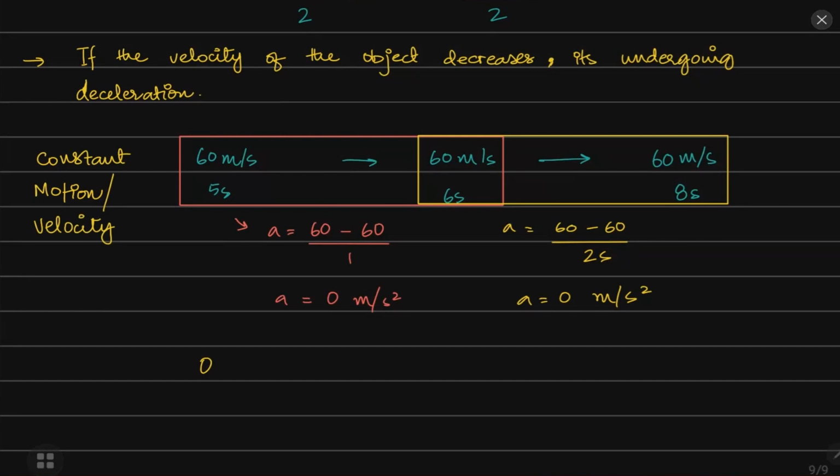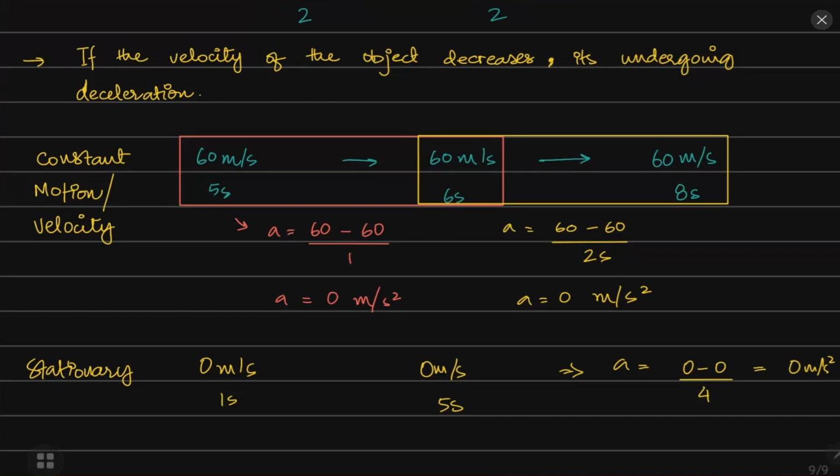But if an object is not moving, if an object is stationary, 0 meters per second at 1 second, 0 meters per second at 5 seconds, let's suppose, my acceleration would be 0 minus 0 over, let's say, 4. That would give me 0 meters per second square again. So these two are both similar situations.